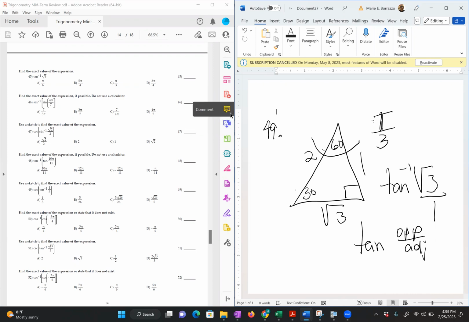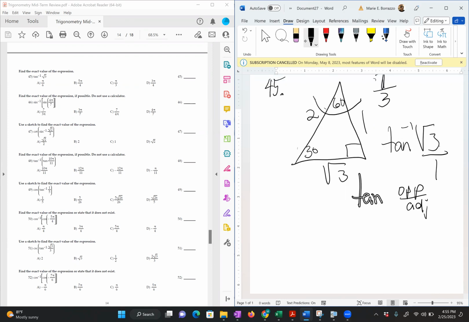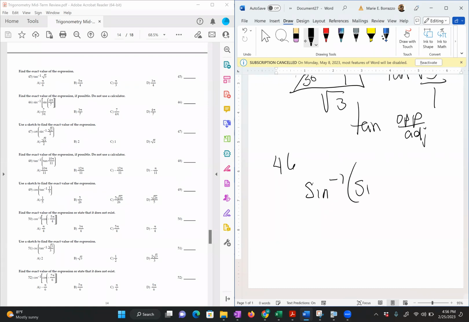This is number 45, by the way. Okay. 46 is really no different. In 46, they want you to find the value of the expression, and they're telling us find the sine inverse of sine of 4 pi over 7.